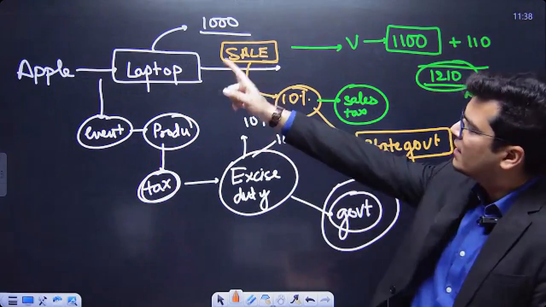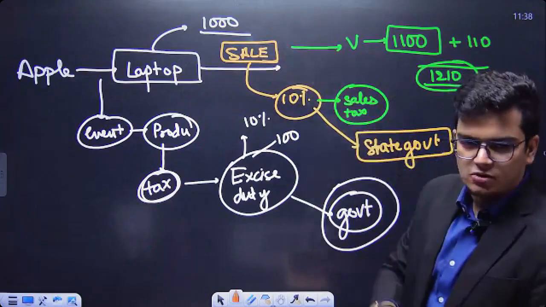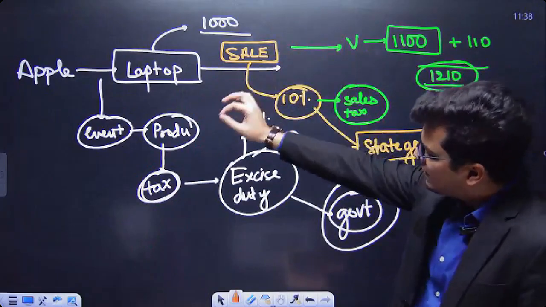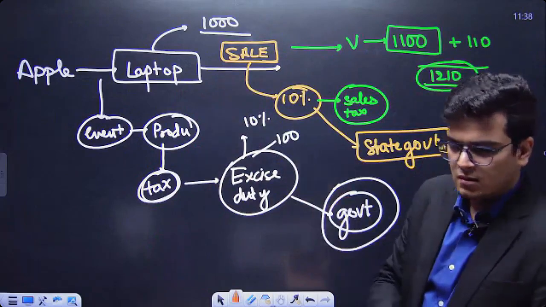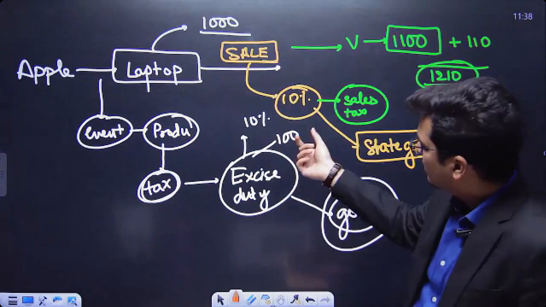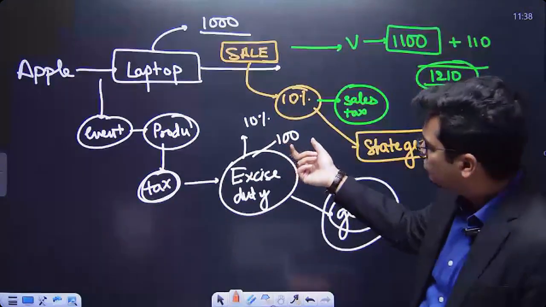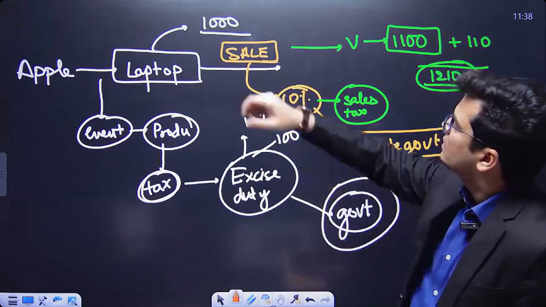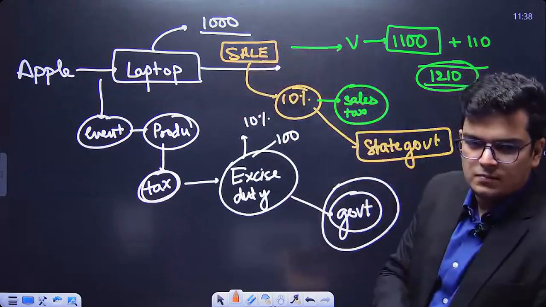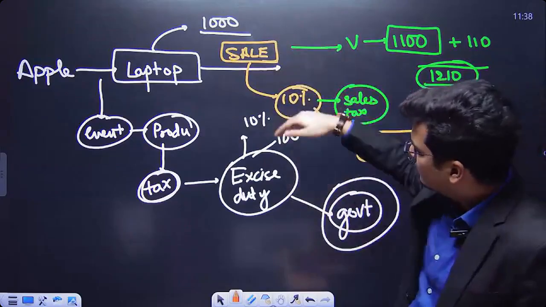Remember this case? Apple produces a laptop for rupees 1000. One event is production. On this production, there is an excise duty. Excise duty is 10%. Apple takes 100. Apple now has to deposit 100 rupees to central government. Okay. Now, the second event here is sale. Sale value was 1100.